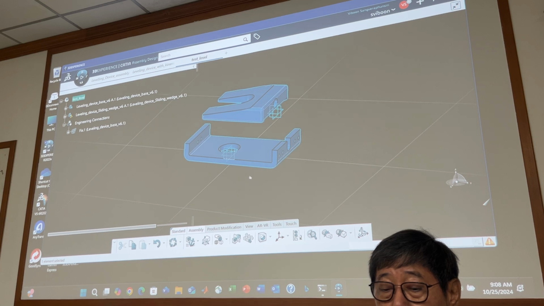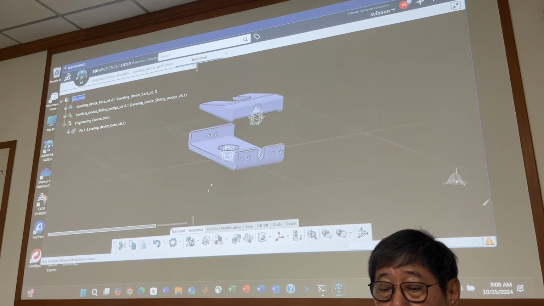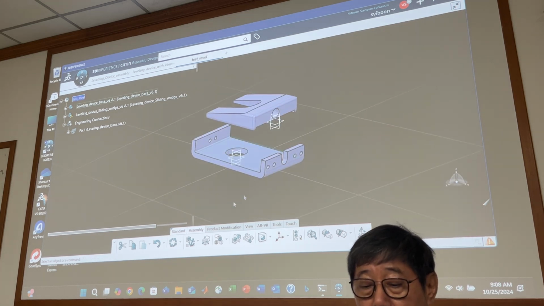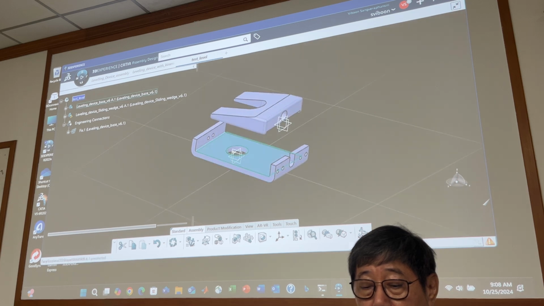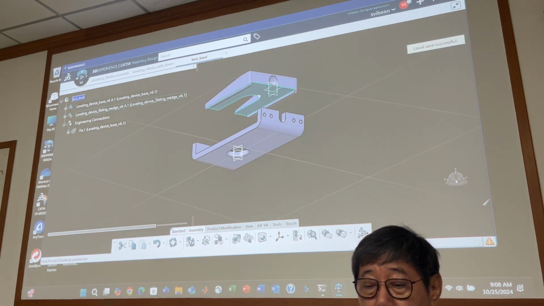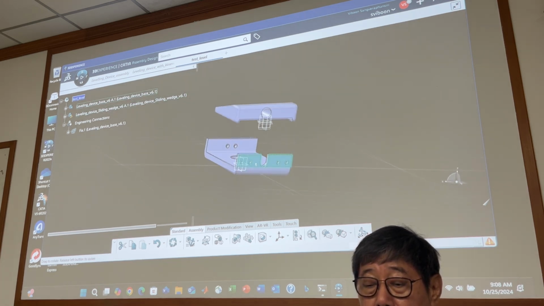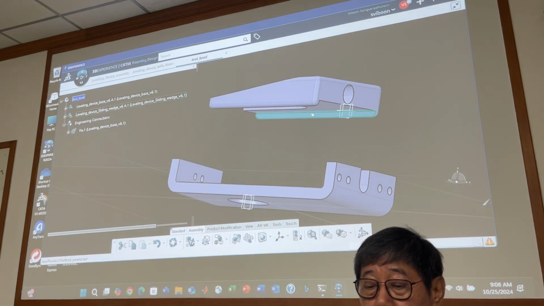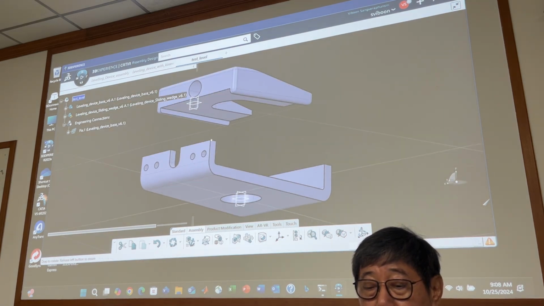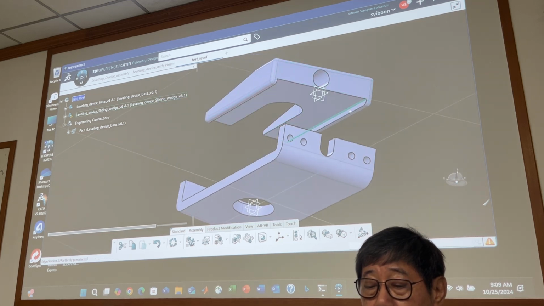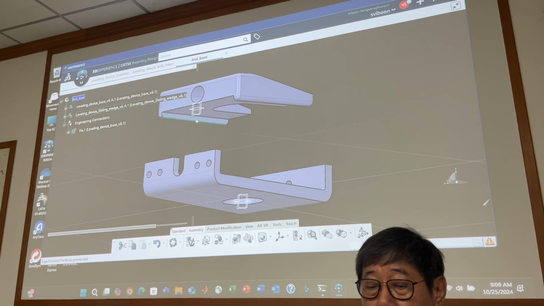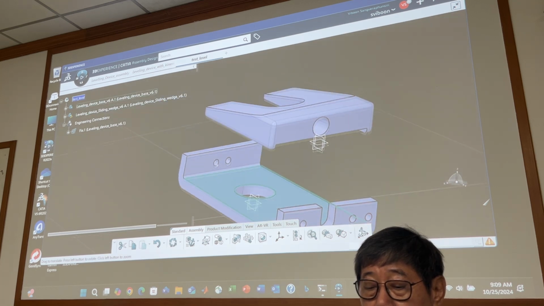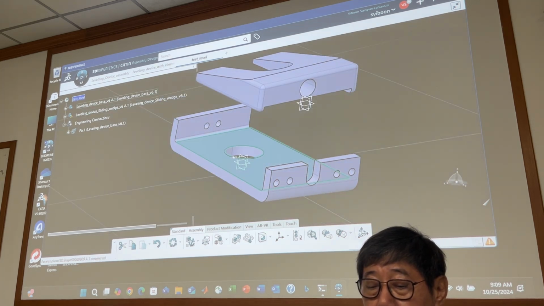Okay, I need to add a prismatic joint between this plane and this plane. And if you look at the drawing, the distance between this plane and this plane is larger than this dimension by 2 millimeter.